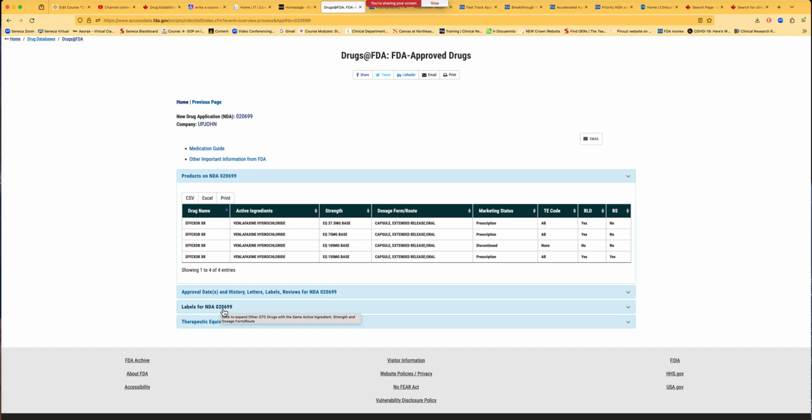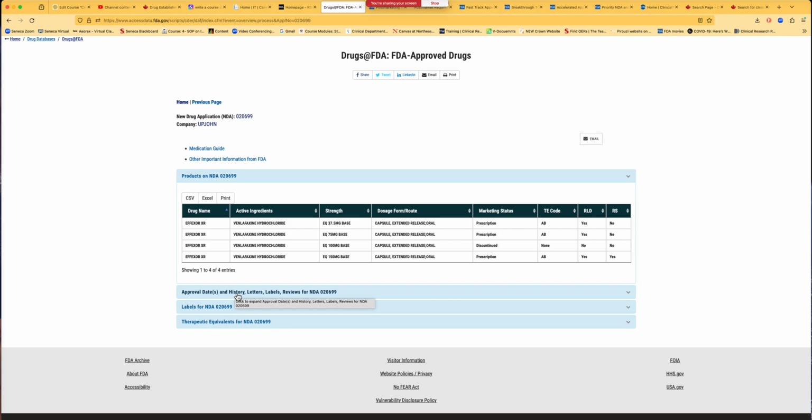Here we talk about the FDA. So here the information that they have about the drug is called label, and this label is as of what has been approved when we did our submission through NDA. We can also look into the approval dates and the history, the letters, labels.